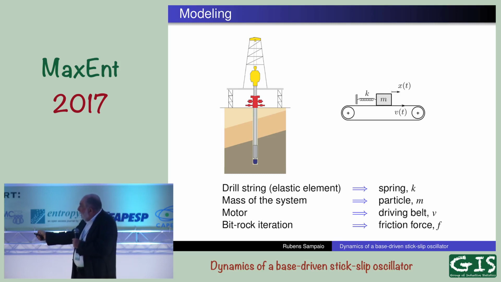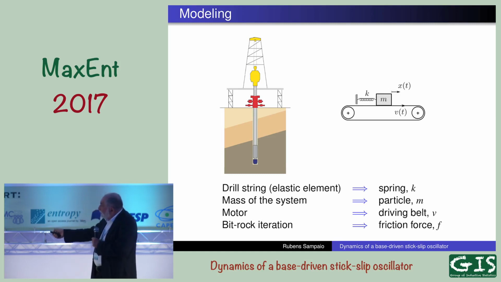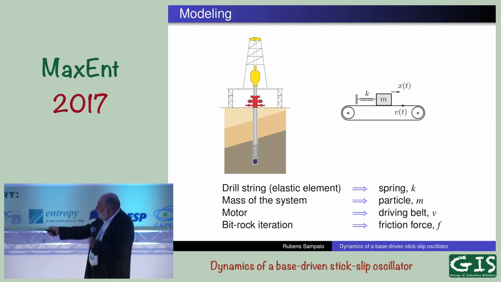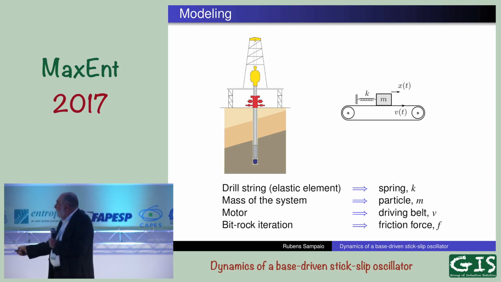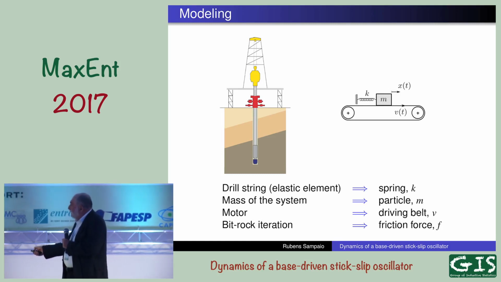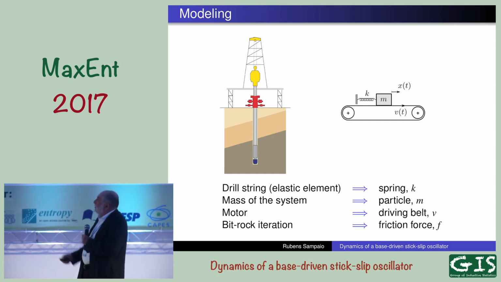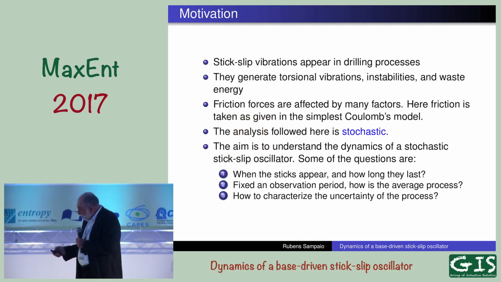The motor is modeled by a belt, the driving belt. We model the effect of this motor here. And the important thing, the interaction between the bit and the rock, is done by a friction force. So I'm going to make a model of friction. That's the second slide. So this thing here is modeled by this very simple system.